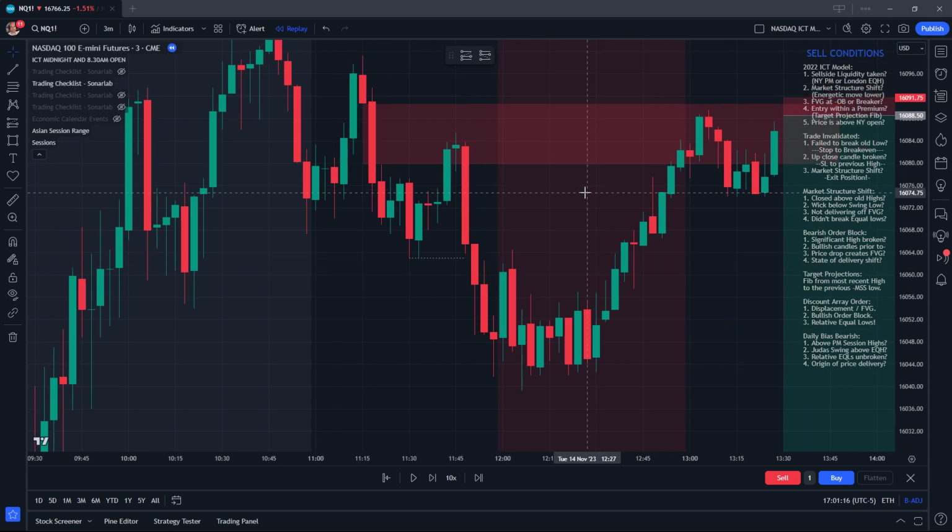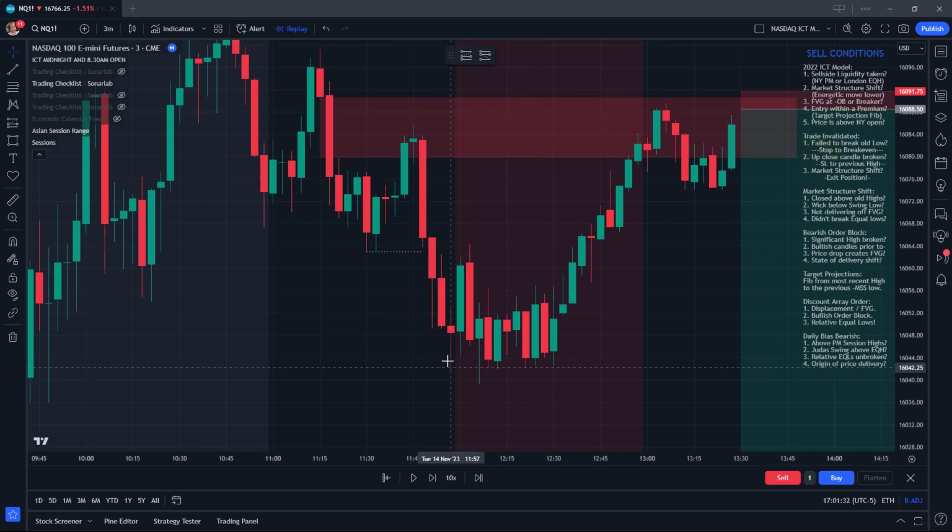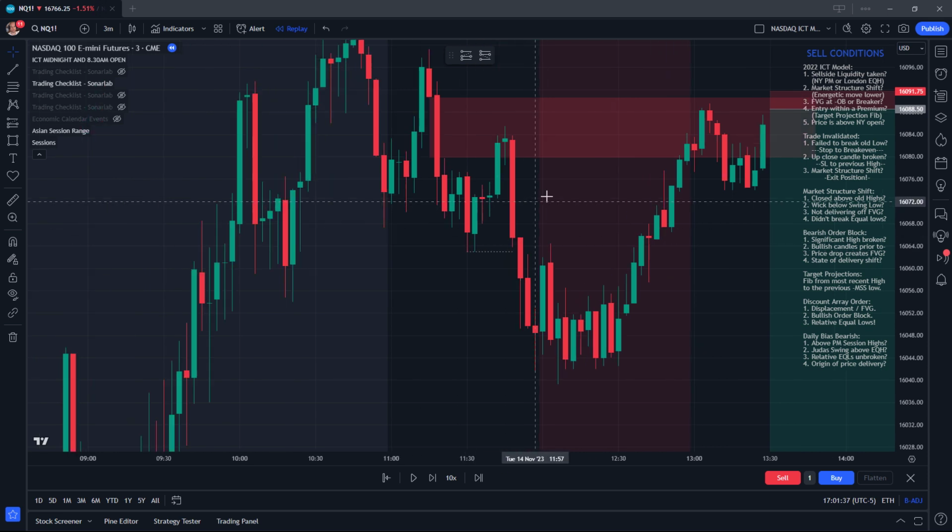And the risk with a market structure shift is every market structure shift could also be a run on liquidity as well, and equal lows are what we look for when we're trying to find liquidity. So this market structure shift here actually looks more like a run on liquidity. So that doesn't satisfy our fourth requirement here: didn't break equal lows, because it did.